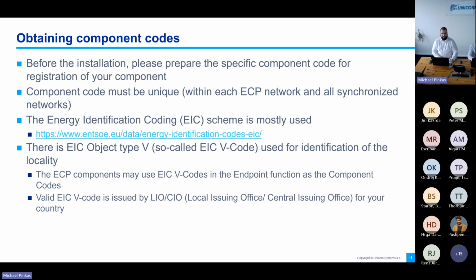Within the EIC, there is object type V, the so-called EIC V code, which is used for the locality, and it is also mostly used as the component code within the ECCo-SP. The component code can be obtained from your local or some central issuing office for your country.